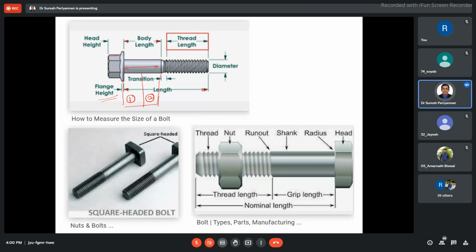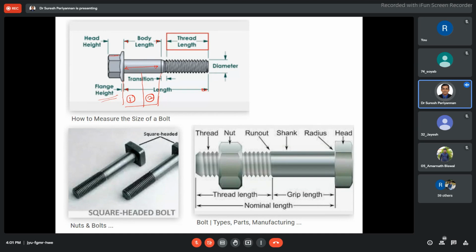This should be standard, because the components we prepare have to follow standards, BIS or international standards. We cannot manufacture 1,000 varieties of nuts and head heights.